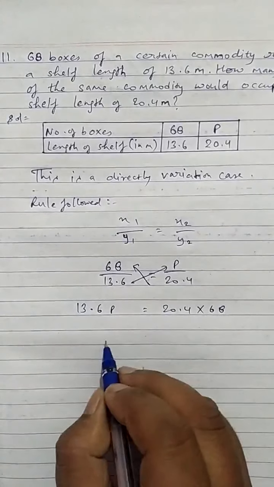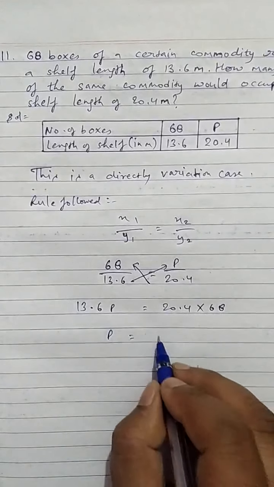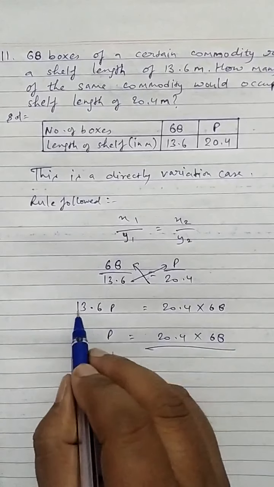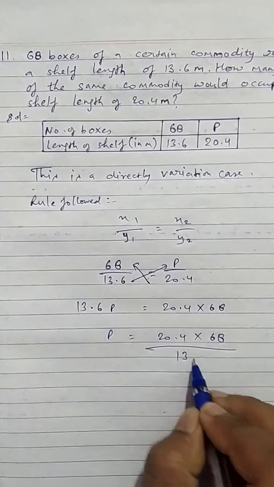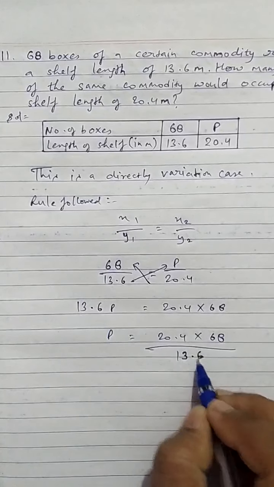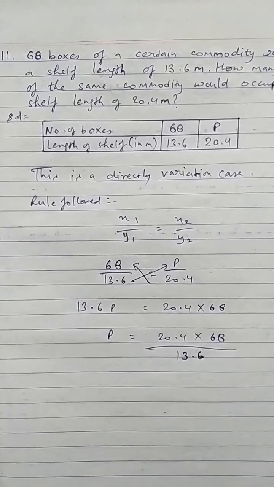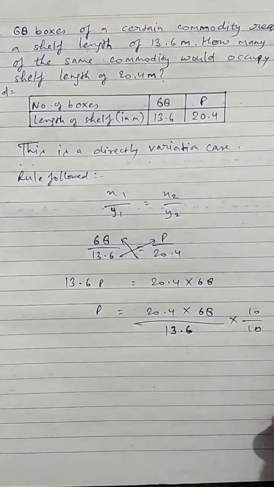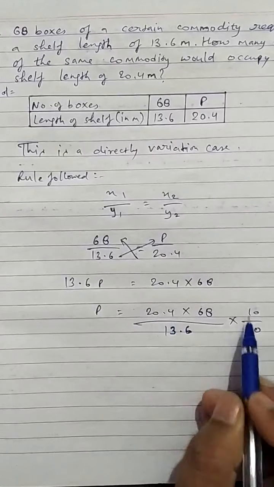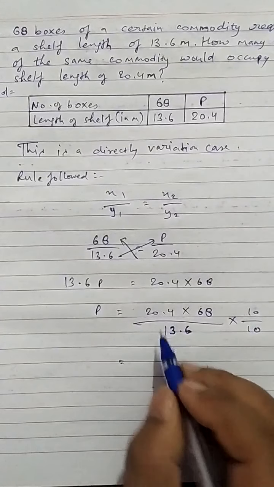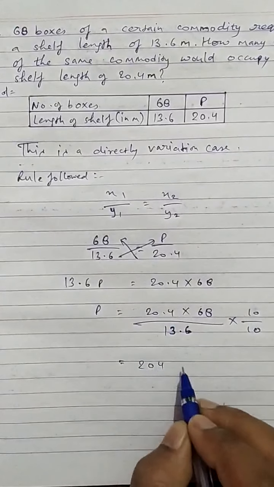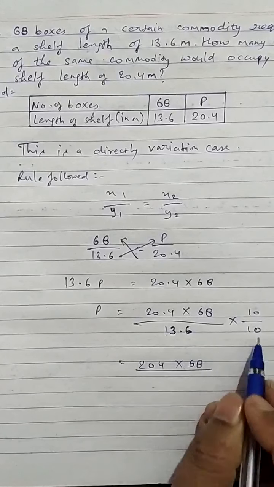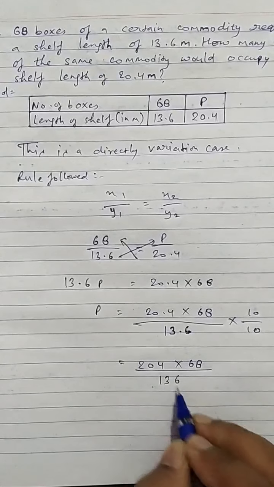Now we will leave p and 20.4 into 68. This 13.6 will come down. So to remove this decimal point, we have to multiply up and down by 10. So when we multiply this by 10, the decimal is removed. This is 204. And when we multiply this by 10, this is 136.